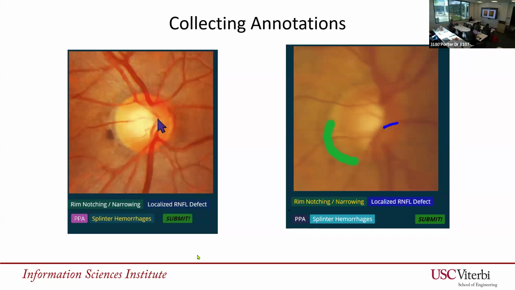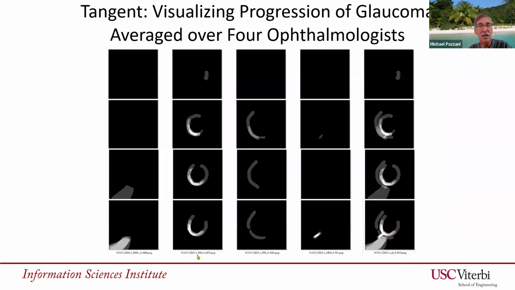As a total tangent, we had 4 ophthalmologists do this, and we layered the images on top of each other. And in some cases, we have longitudinal data of patients who have progressed in glaucoma. And I'll show you this tangent here, which is these are images of different features that the ophthalmologists found.